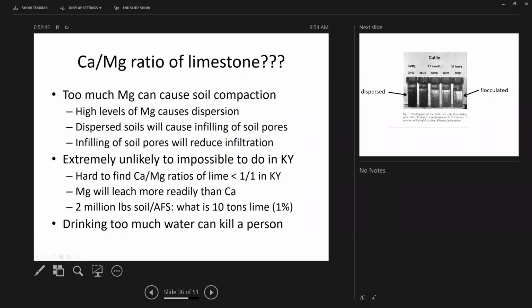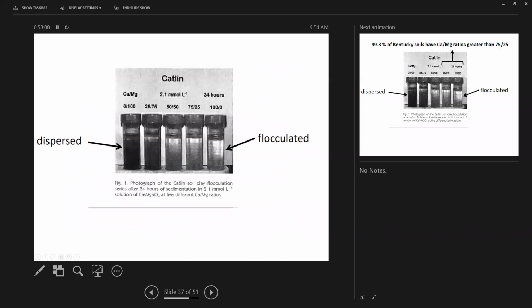We can make that happen in the lab with pure magnesium, but it's almost impossible to do in field situations. You wouldn't be doing it with limestone. You would be doing it with something like tons of Epsom salt, something that contains magnesium and not calcium. So it's just not going to happen.